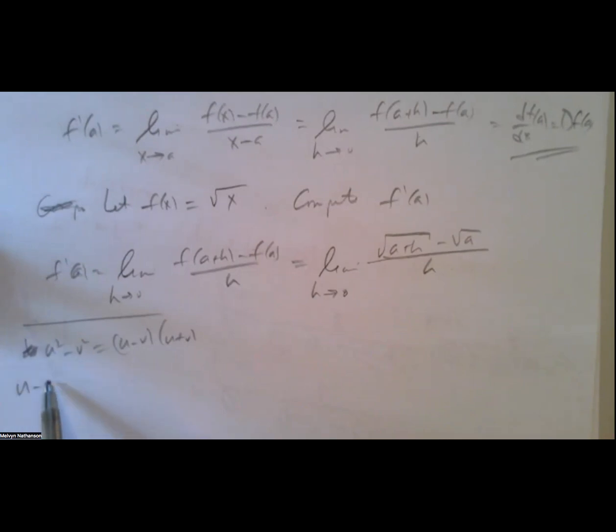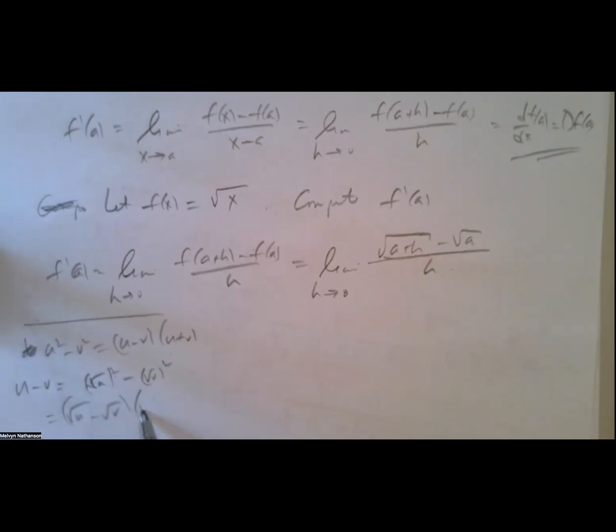If I have u minus v, I could think of this, let's say u and v are positive, as the square root of u squared minus the square root of v squared, because the square root of u squared is u, and so forth. And now I can use this formula. This is the square root of u minus the square root of v, times the square root of u plus the square root of v.